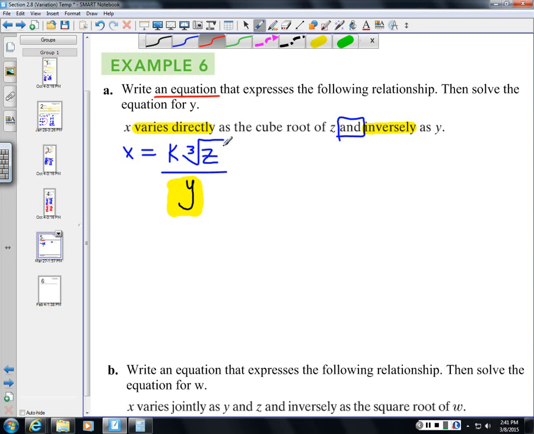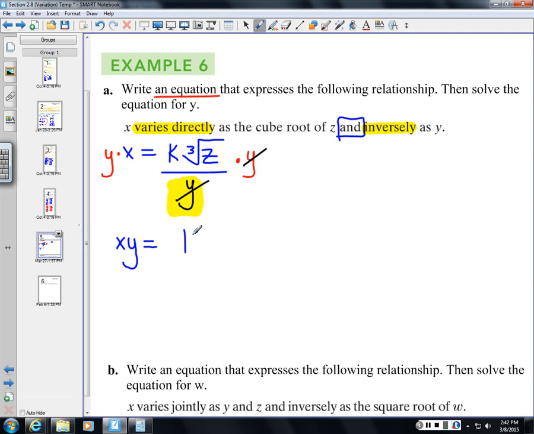So since all of this is being divided by y, the opposite of dividing by y is multiplying by y. When I do that, of course, the y that we multiply by cancels out the y of the denominator. I'm left with yx, or preferably, when you have double variables, I prefer that you put it in alphabetical order. So xy equals k times the cube root of z. And since I got to get this y by itself, the only thing I got to do is move that x.